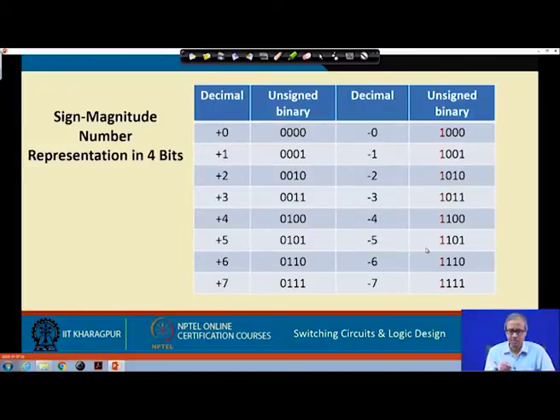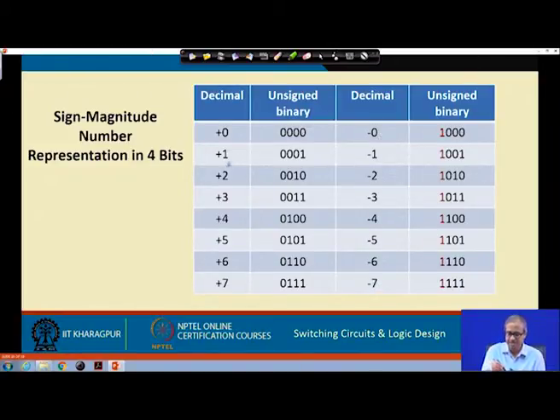So, this table shows you the sign magnitude representation in 4 bits. If it is 4 bits, you see the first column represents the MSB, most significant bit is 0, which means the numbers are positive, and the last 3 bits indicate magnitude. 0 0 0 is 0, 0 1 1 is 3, so on, 1 1 0 is 6, 1 1 1 is 7, and second column indicates where the most significant bit is 1. 1 indicates the number is negative, but the magnitude is again ranging from 0 to 7.